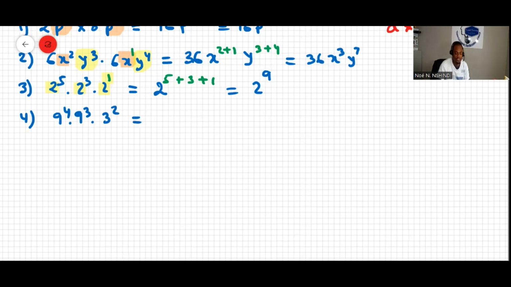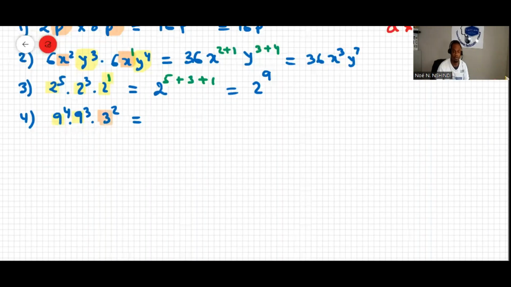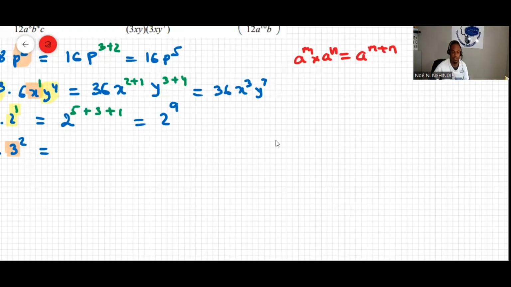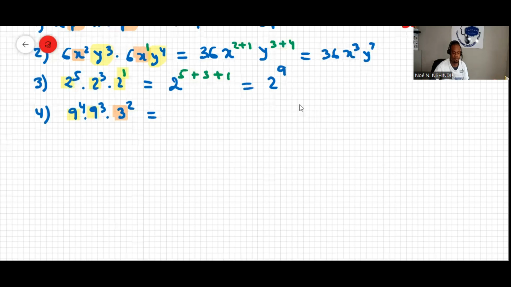So in this case, it is important in cases like this, because you notice that these two have common base, but not all of them have common, because there we have a 3 there. The bases are not common. We cannot really apply this formula of a to the power m multiplied by a to the power n equal to a to the power of m plus n.